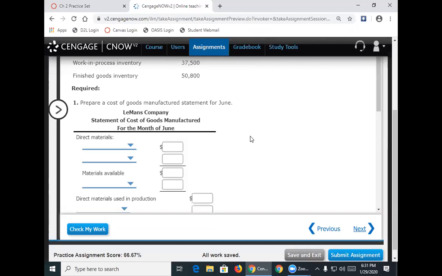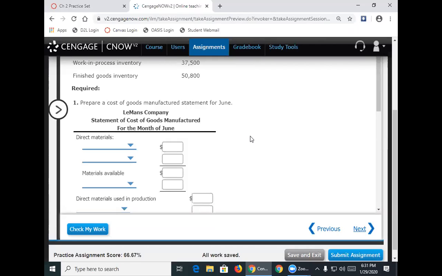Our beginning balance plus purchases, 408,400. Subtract out that ending balance. So how many materials did we use in this period? 345,400. Perfect.